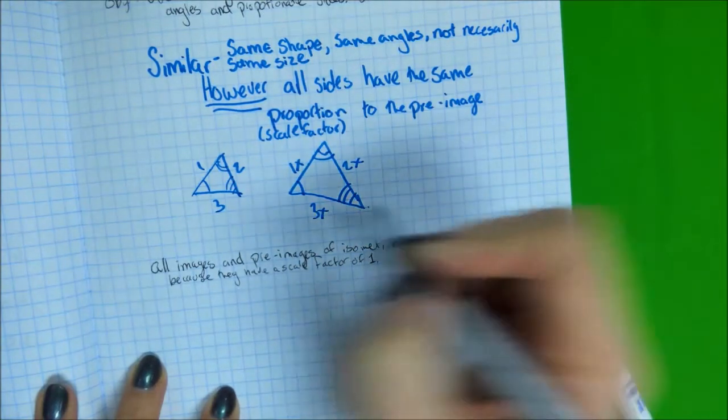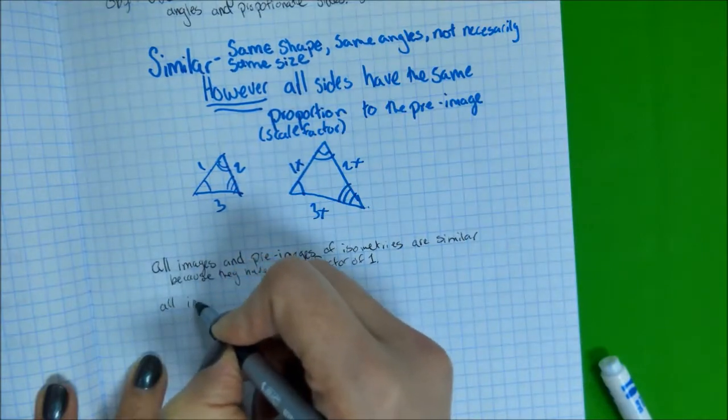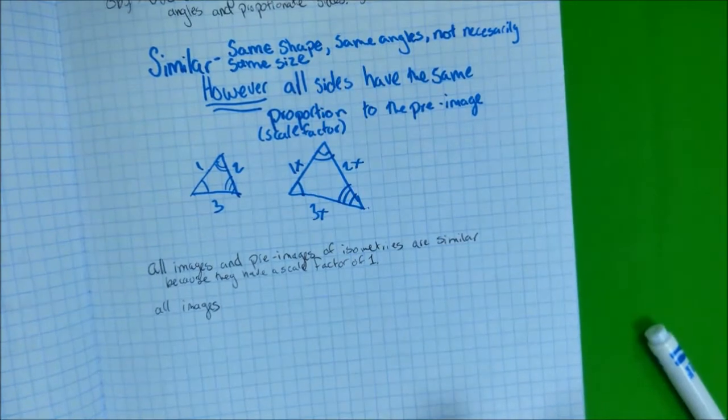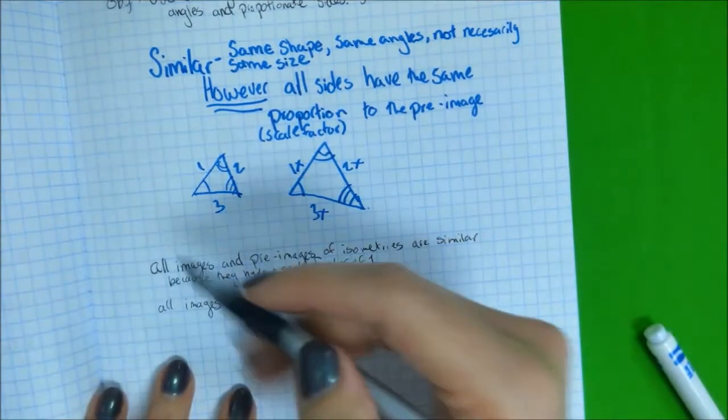Because remember, all isometries, the image and the preimage is congruent, so the scale factor would be 1.